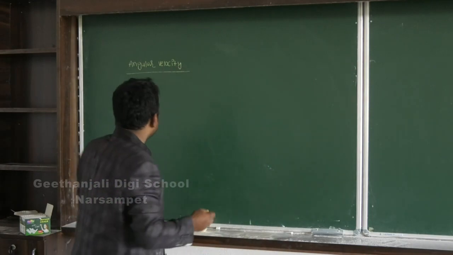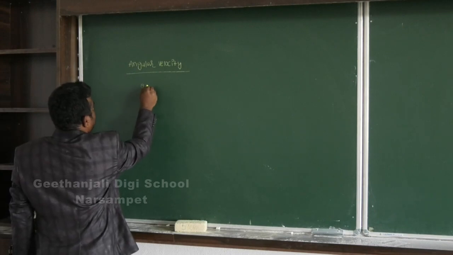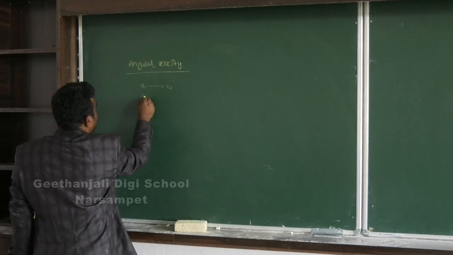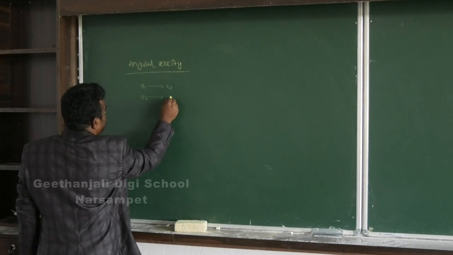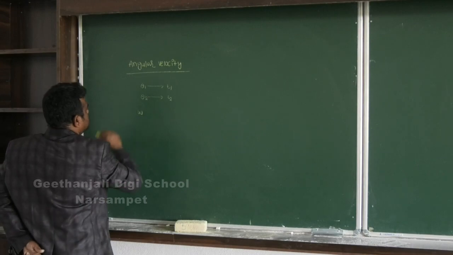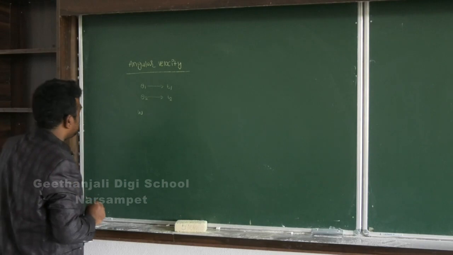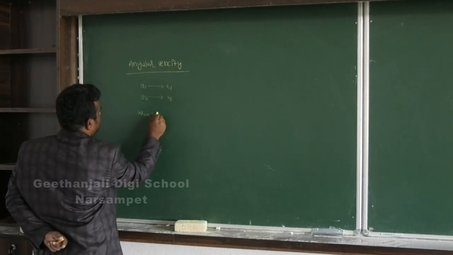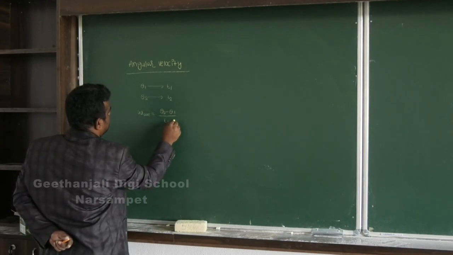Let's see. Suppose theta 1 is the angular position of the particle at a time t1, and theta 2 is some other angular position of the particle at t2 seconds. So you can say that the average angular velocity of the particle is equal to (theta 2 minus theta 1) by (t2 minus t1).